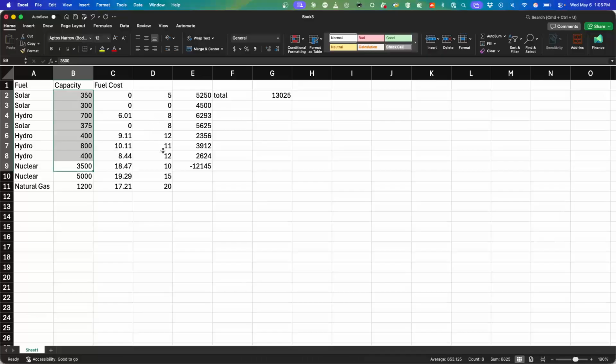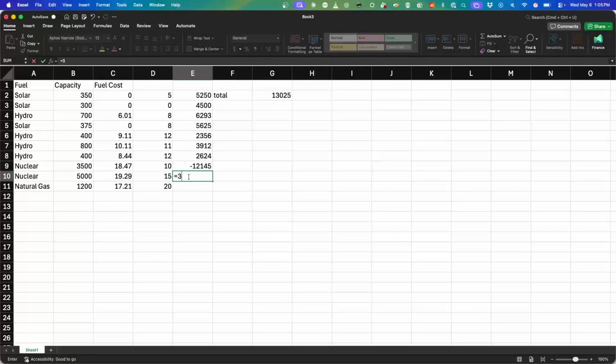The last plant doesn't turn on all the way. It's equal to 3,175 times our bid, which was 15, minus 3,175 times the fuel cost.